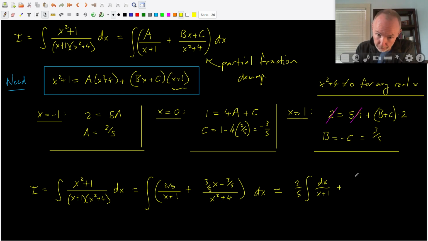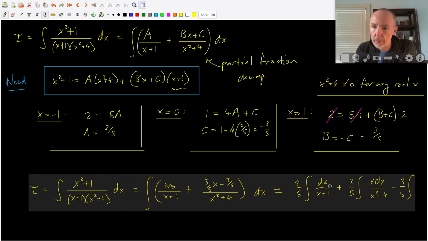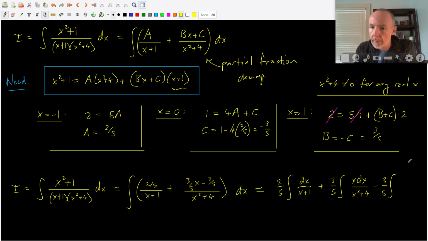And then there are 2 other integrals. It would be smart to split them up, because the first one is x dx over x squared plus 4. And then the second one is not x dx, it's just, let me make some room here, I'm going to pull all of this over a little bit, dx over x squared plus 4.